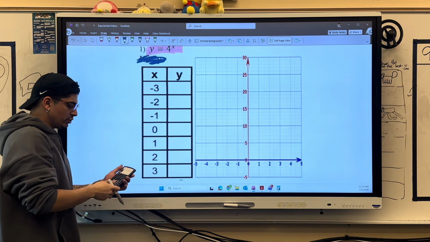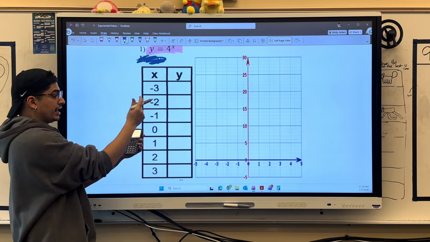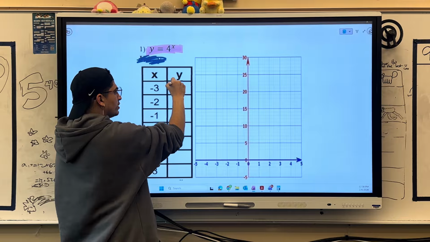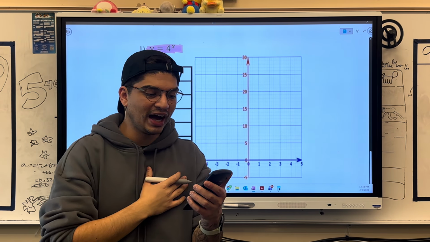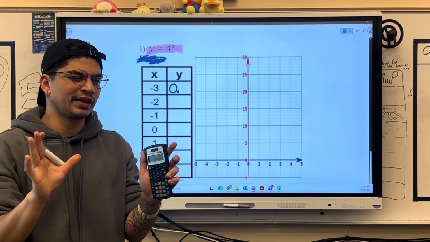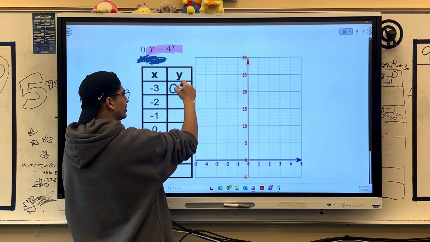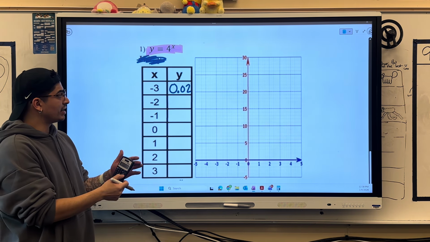Well, I'm gonna then do on my calculator 4 to the power of -3, and it's giving me the number 0.15625. I'm gonna round that to let's say 0.2. And let me just do my next one.